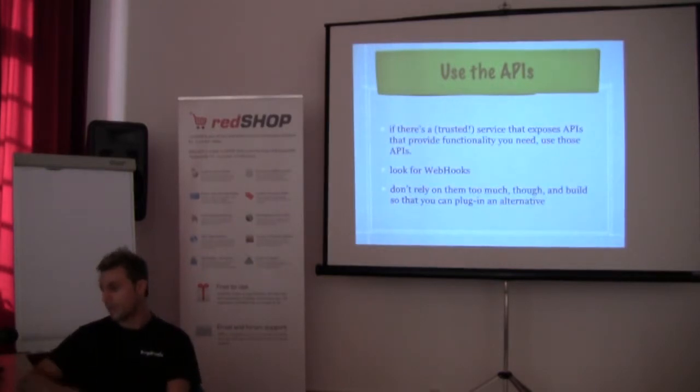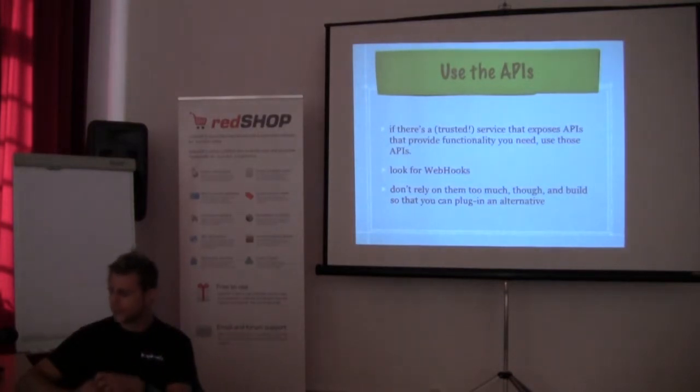Of course, don't rely on them too much, and always look at what they change, because they always bring new things that maybe weren't available. For example, one thing that they announced quite a long time ago but is still not deployed is the messaging API in Facebook. That's something we were really looking forward to using.